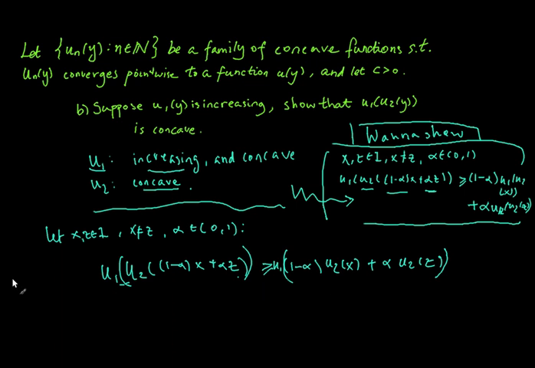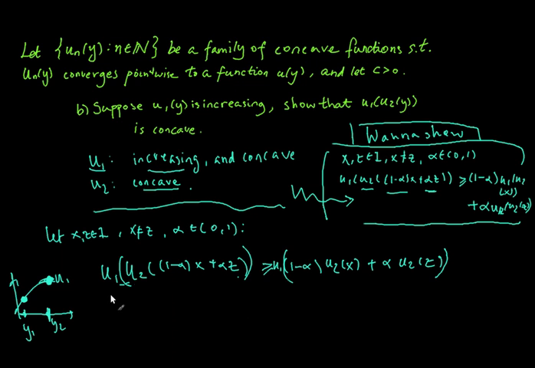So I can just illustrate quickly that since we know that u1 is an increasing function, then if you know that a point y2 is greater than y1, then for an increasing function, you'll know that its value in y2 will be greater than its value in y1, because that's the definition of what it means to be increasing.